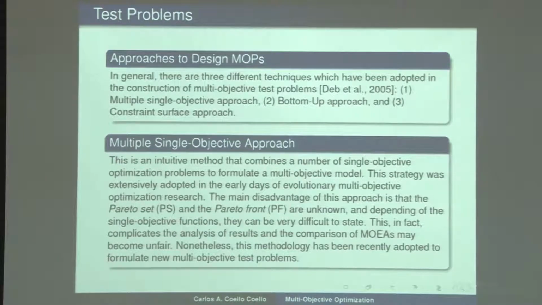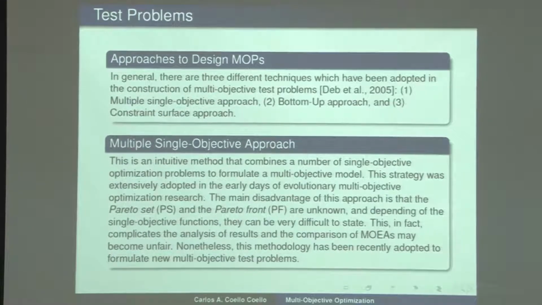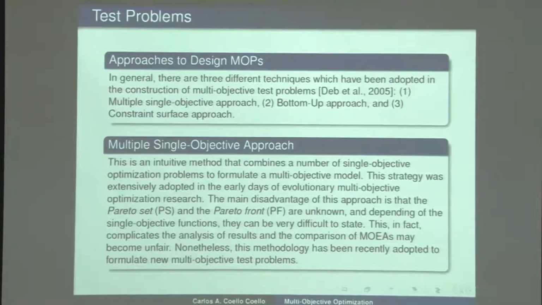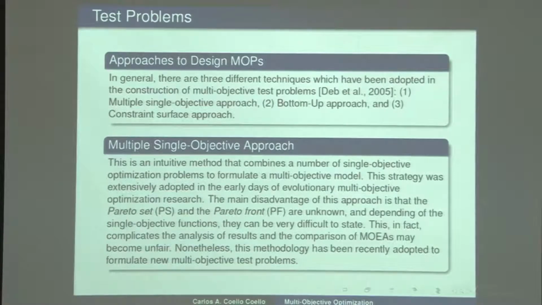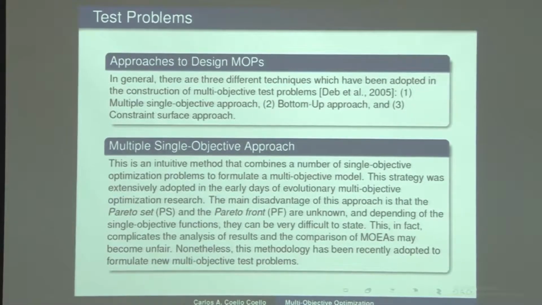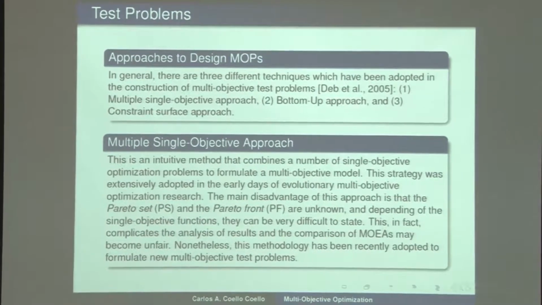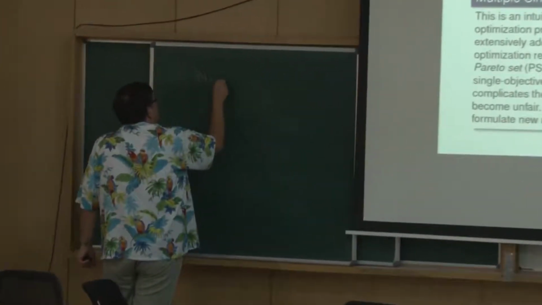It has some advantages because the single objective can be a very, very difficult problem. So today, for example, there are some research groups that are trying to extend a methodology that was originally proposed for single objective to multi-objective. And this is called black box optimization.